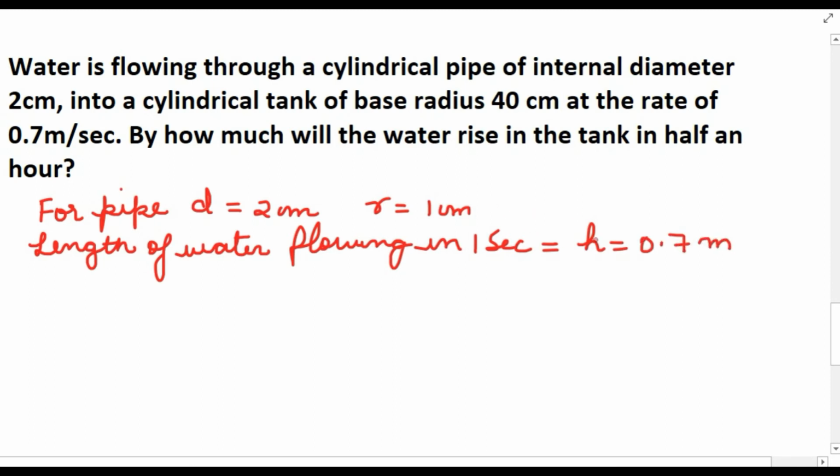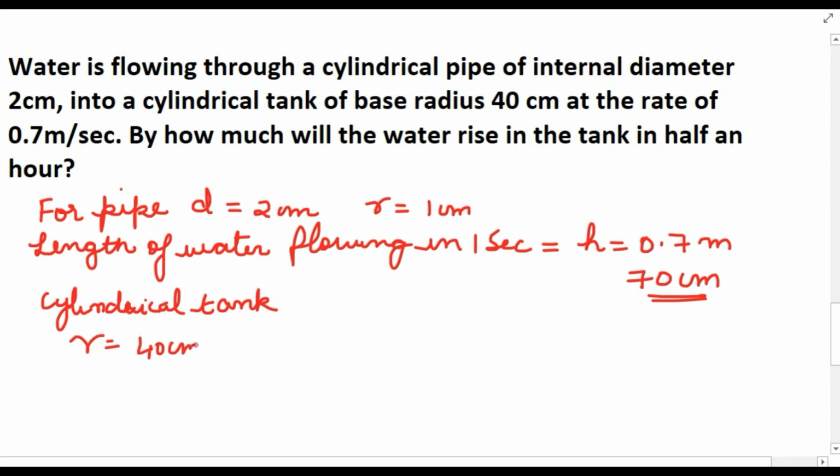Everything we are going to write in centimeters, so it means 70 centimeters. This is for the pipe. Now for the cylindrical tank, the radius is given as 40 centimeters.